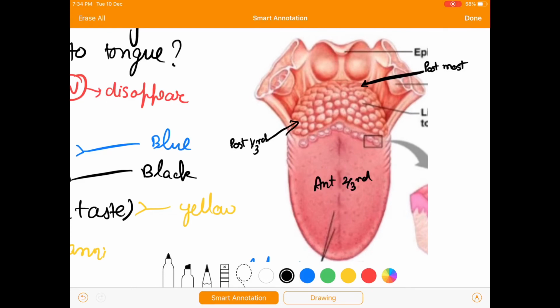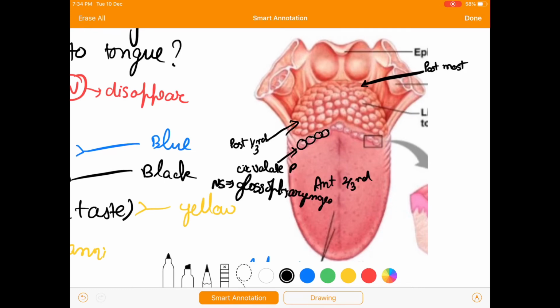These are circumvallate papillae. Okay, and this circumvallate papillae gets its nerve supply from glossopharyngeal nerve.